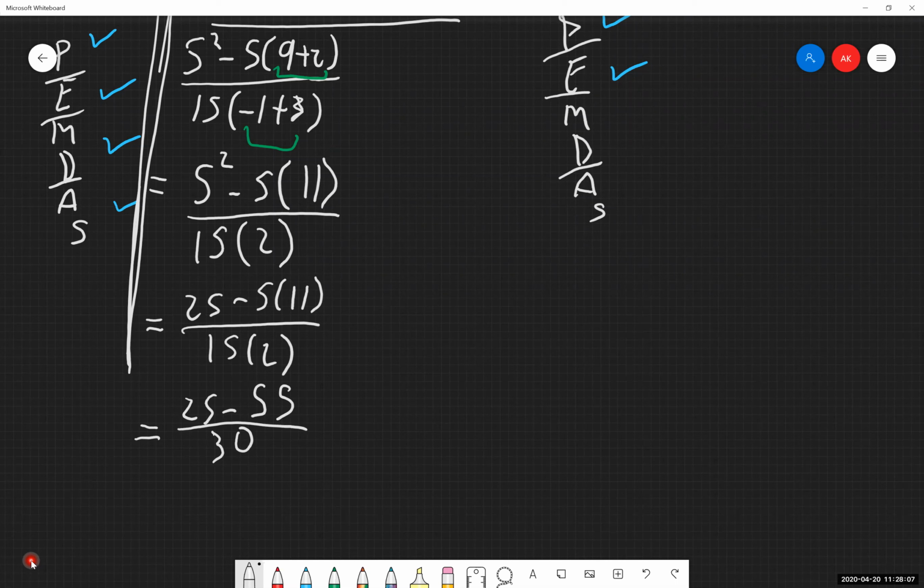And then division. And this is the part where keeping everything together can get a little wonky, because as it's written, we have a couple ways we could write this out dividing for ourselves. We could split this into 2 fractions, 25 over 30 minus 55 over 30, and simplify it from there. Or we can combine the numerator together, the 25 minus 55, and then divide things out a bit more, which is another option that is at our disposal.